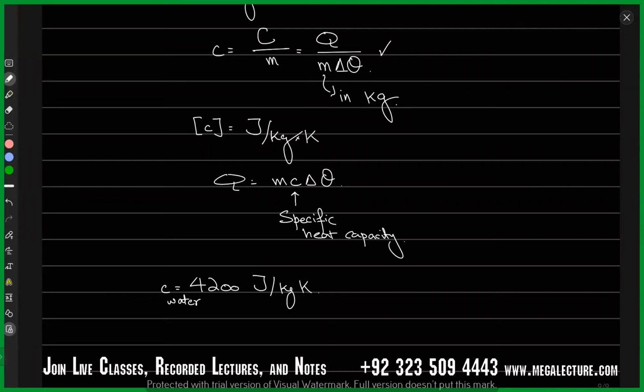Exactly. But again, in terms of what specific heat capacity is, it's just telling me that I would need 4,200 joules of energy, heat energy, right, to raise the temperature of 1 kilogram of water by 1 Kelvin, right? So that's the amount of energy that I would need.